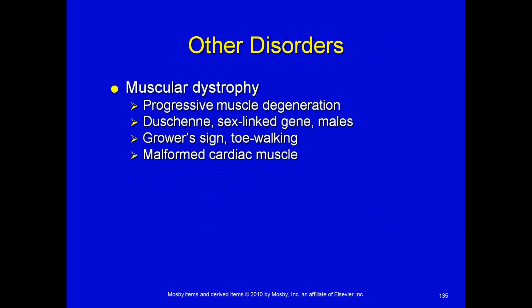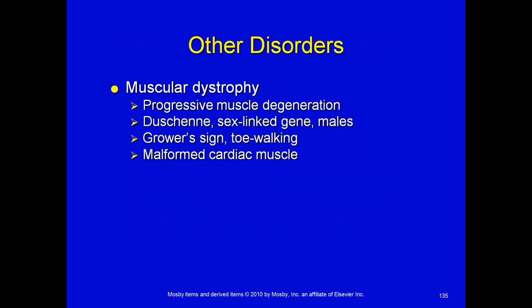Other disorders include muscular dystrophy, which is a progressive muscle degeneration. It's due to the Duchenne sex-linked gene. It's more common in males. You'll see it in what they call Gowers' sign, and this is really interesting in children who have a tendency to walk on their toes.